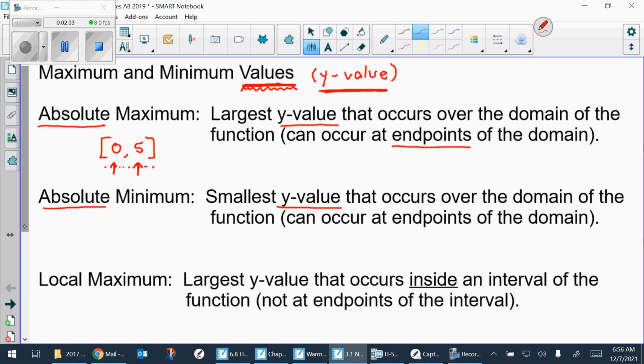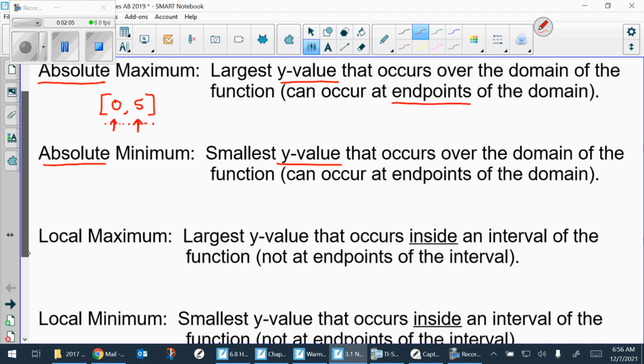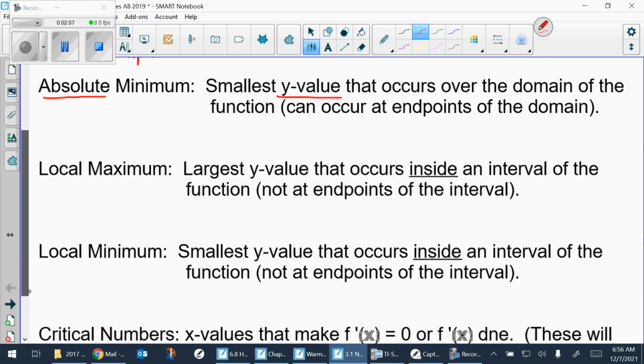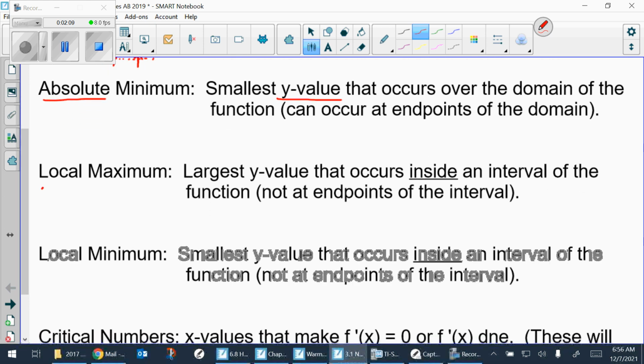So this is just some vocabulary terms. Local maximum, sometimes this is also in vocabulary. This is also referred to by AP as relative maximum, relative minimum.